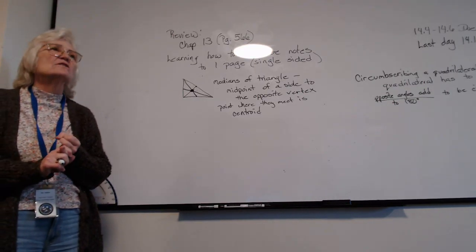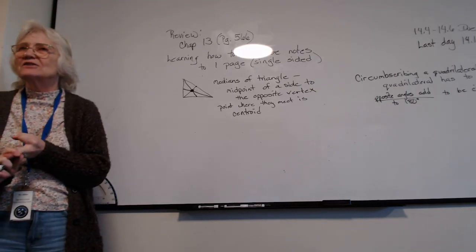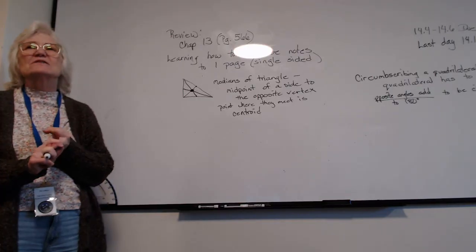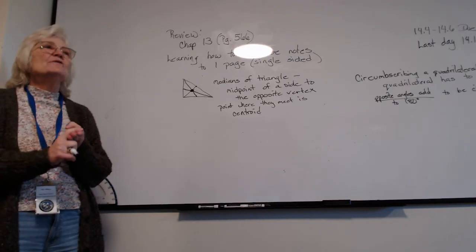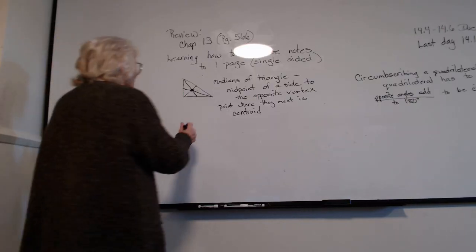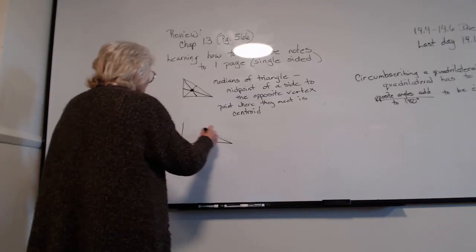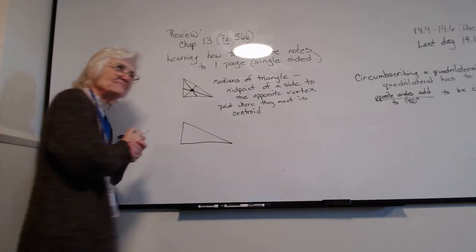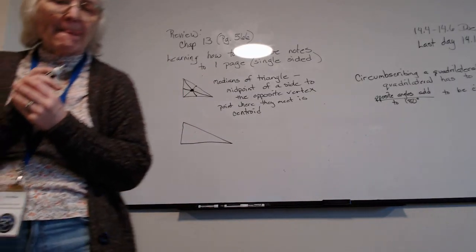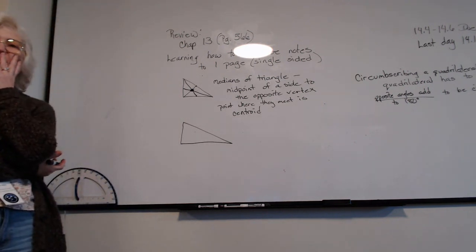That point is called the incenter. You have the medians that are concurrent. They meet at a point called the centroid. And then you have one more. What is the last one of a triangle? What lines are also concurrent? Look in chapter 13.4 to see.